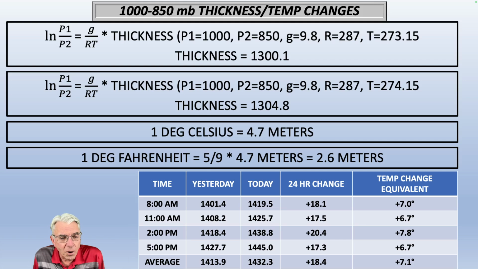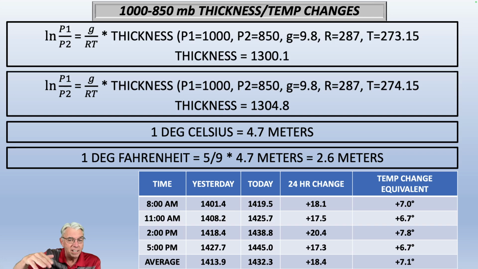But that's the process that I went through, and this works really, really well in the summertime because usually the atmosphere is very well mixed over the lowest mile of the atmosphere in June, July, and August. Now in the wintertime, a lot of times the warming from the ground, in other words, the sun heats the ground, the ground heats the air above it, that warming influence only makes it up to maybe 900 millibars.